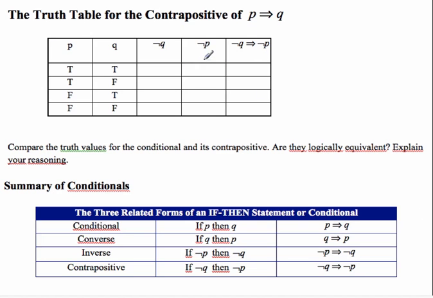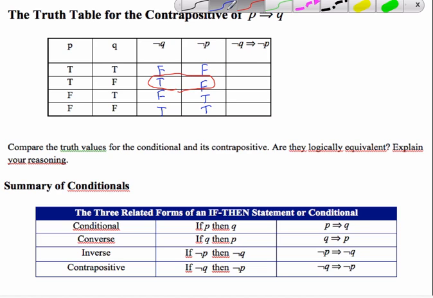All right, so look at the truth table. Not Q here is the opposite of Q, so that's false, true, false, true. Not P is false, false, true, true. And not Q implies not P, remember, is only false when the first one is true and the other one is false, and the rest of the time it's true.